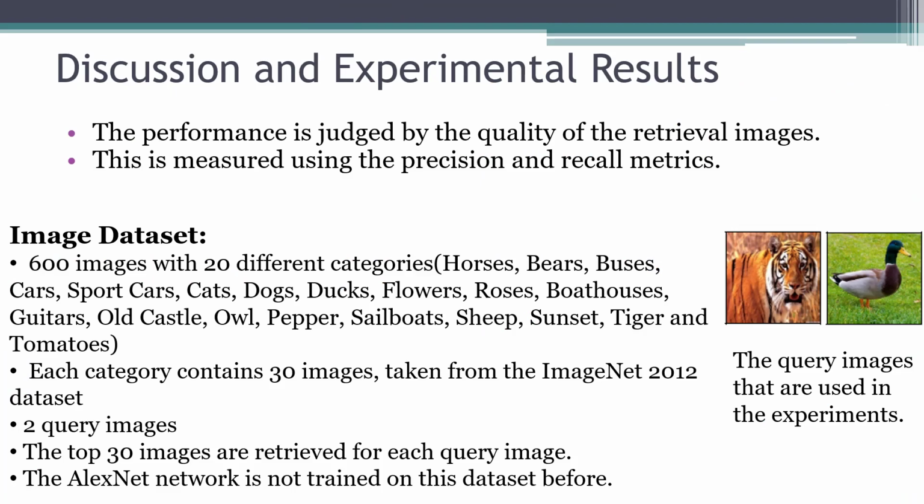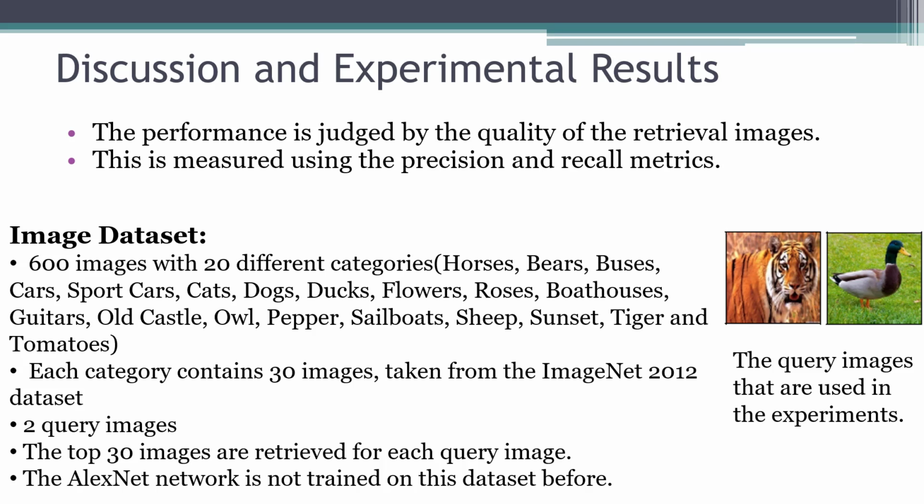Now let's discuss the experimental results. The performance is judged by the quality of the retrieved images, that is, their counts and how relevant they are to the query image. This is measured using the precision and recall metrics. The image dataset consists of a collection of 600 images with 20 different categories.